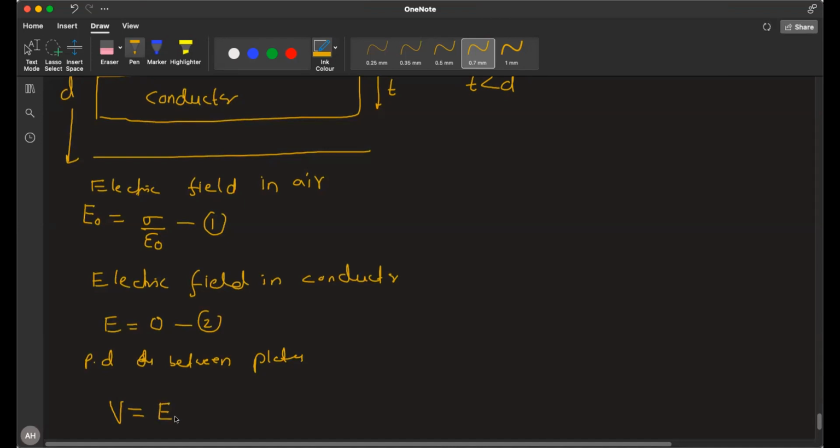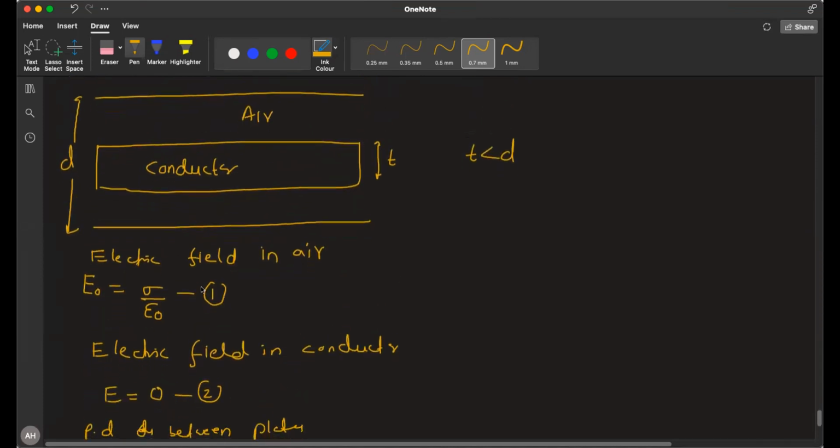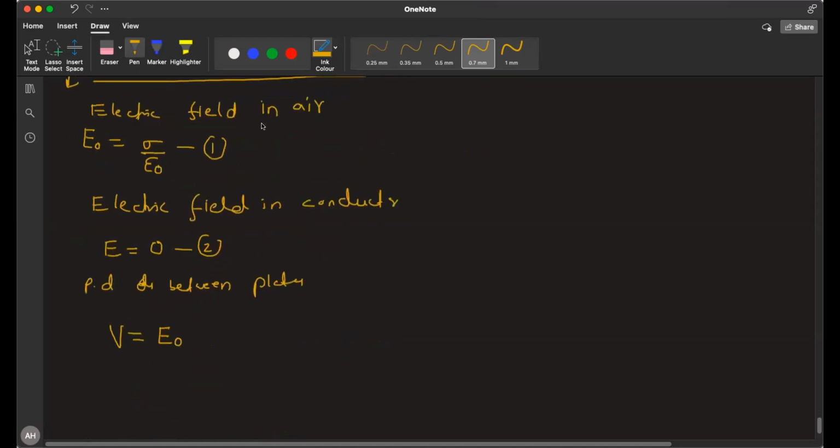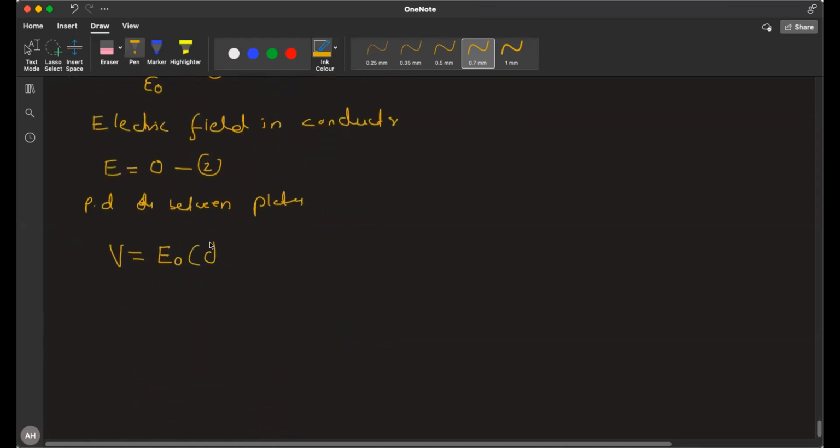So it's E naught, and what is the thickness in which this air exists? It exists in thickness t or thickness d minus t? So d minus t, plus it's E.